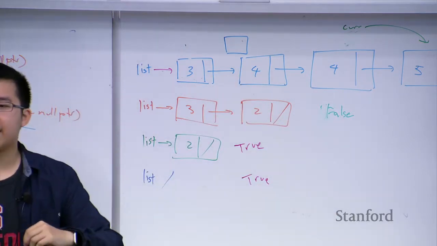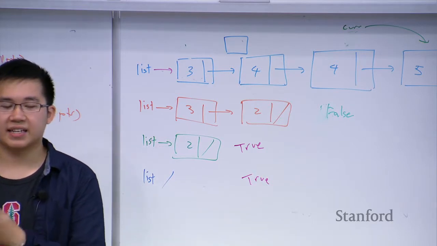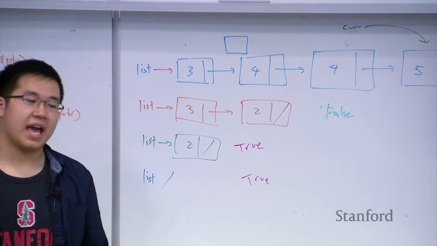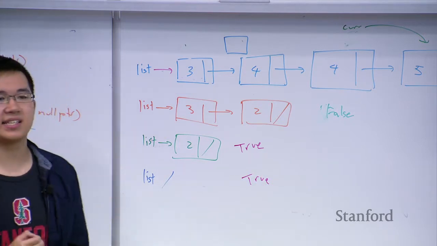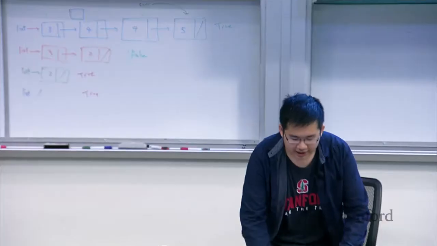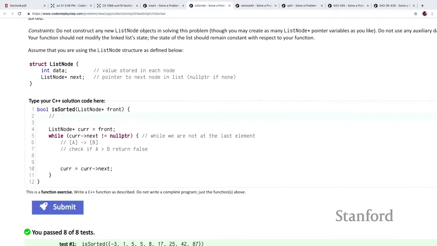Then you should start worrying about what to do in the front. Does it work? If it doesn't work, you have to write code to fix that. Does it work in the back? If it doesn't work, you have to write code to fix that. Part of that would be, what if the front is a null pointer? Then we have to check that. Yeah, that's a very good point. I'm going to write just a note at the very top: we'll handle this last, which is remember to handle when front is null pointer.